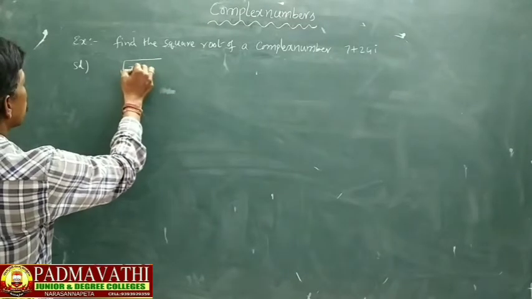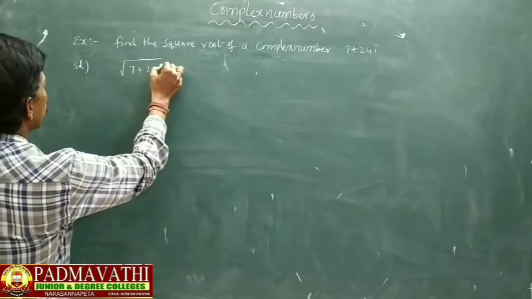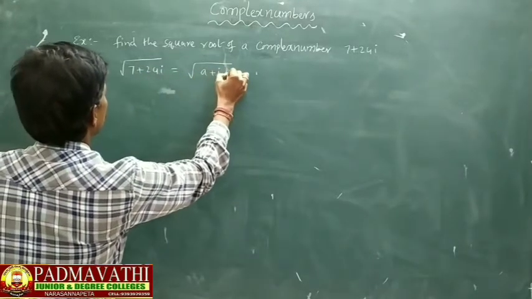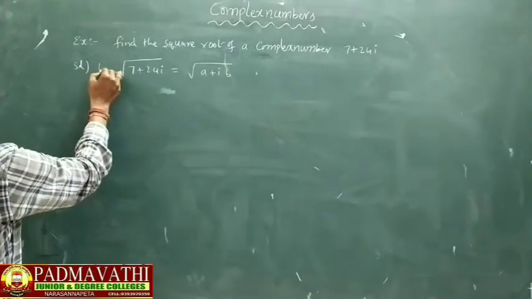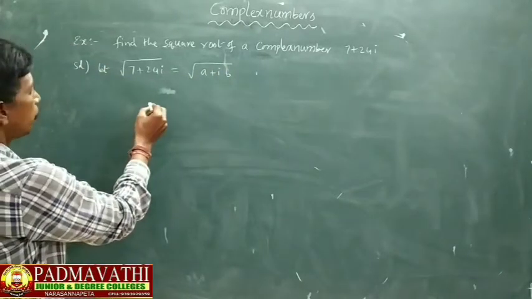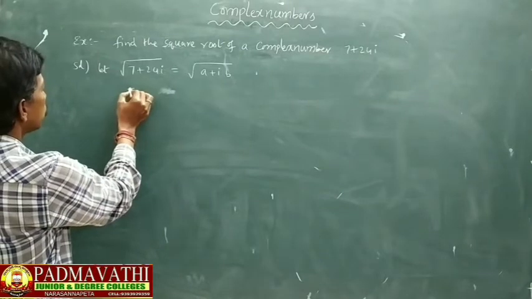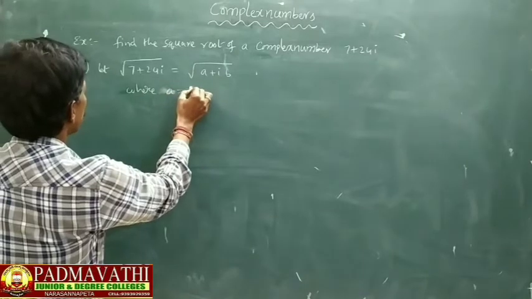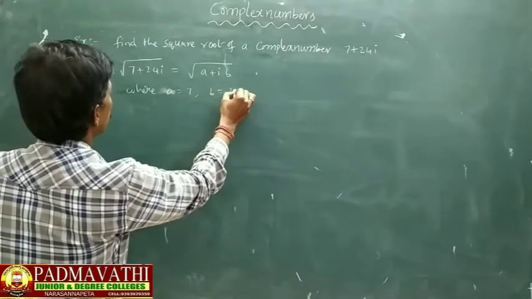Square root of 7 plus 24i equals root of a plus ib. Let a equal 7, b equal 24.